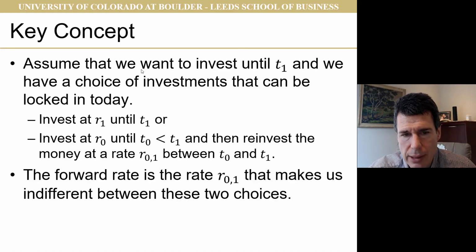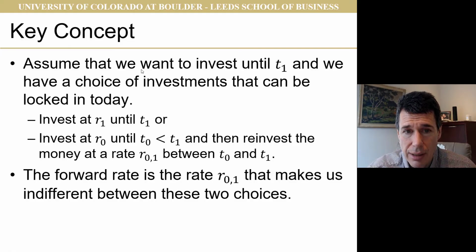Okay, so what do we mean here? We mean that we're going to set up investments today, and version 1 of the investment is to invest all of our money until time T1. Version 2 is to invest all of our money until time T0, and then take whatever money that is and invest it until time T1.